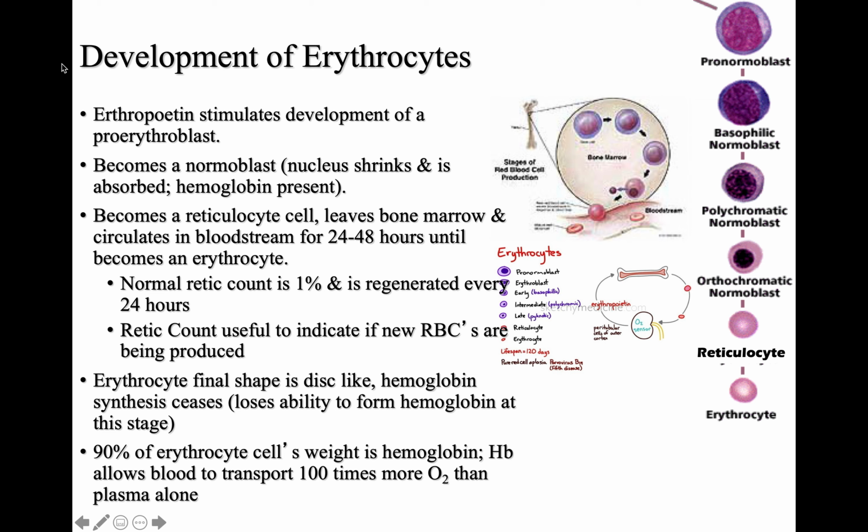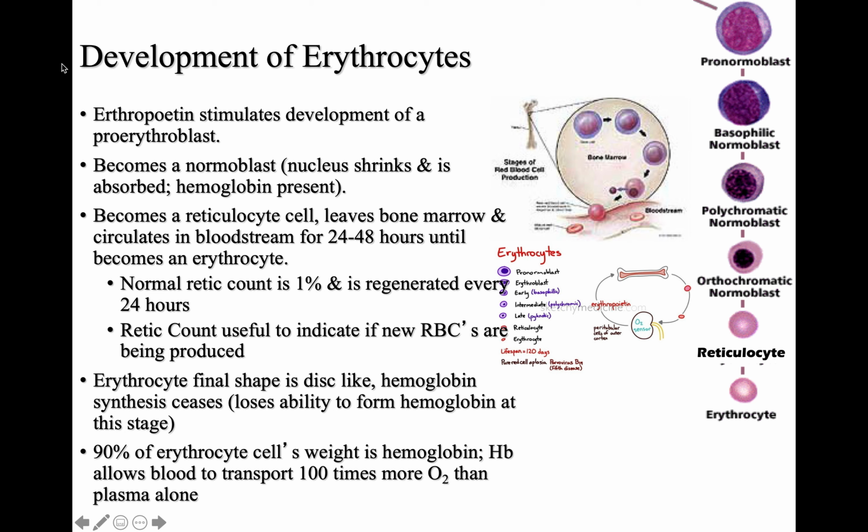Development of erythrocytes, we cannot talk about anemia and not talk about erythrocytes, is going to be our erythropoietin that stimulates development of the pro-erythroblast. And remember, the blast always means the babies. So it stimulates that. We get that from the kidney. If we have a sick kidney, we're going to have trouble with this process.